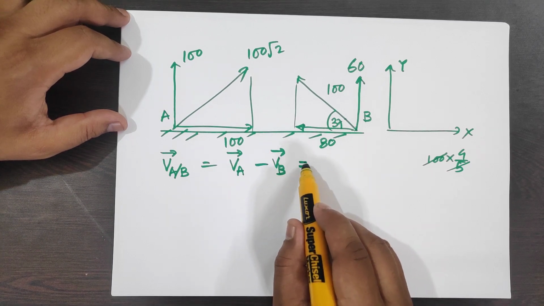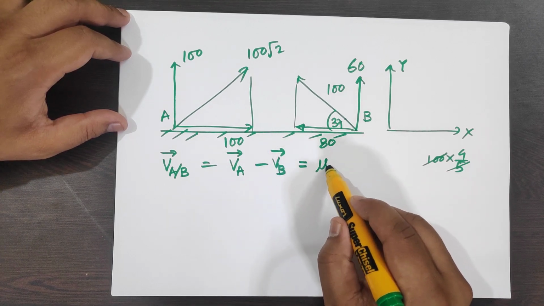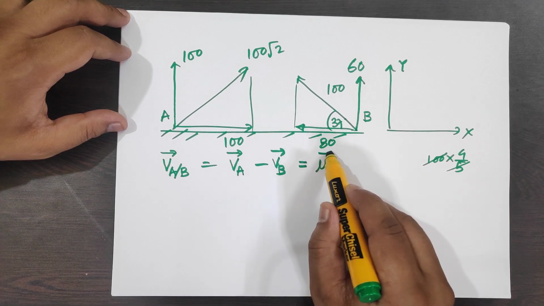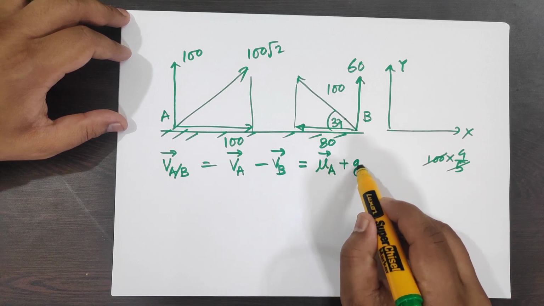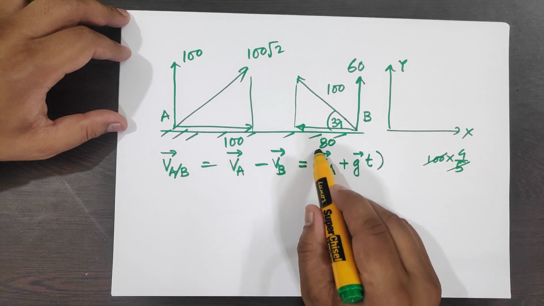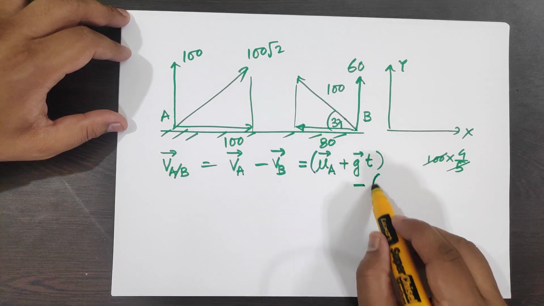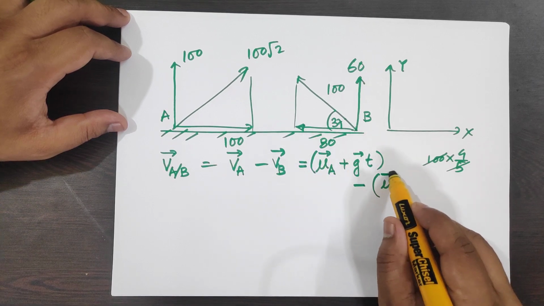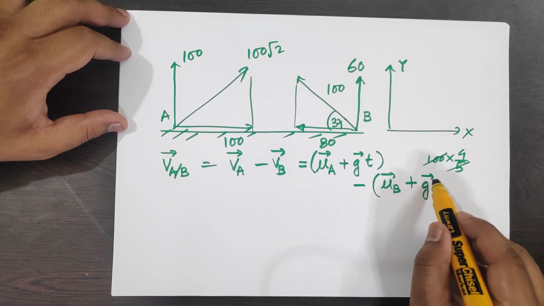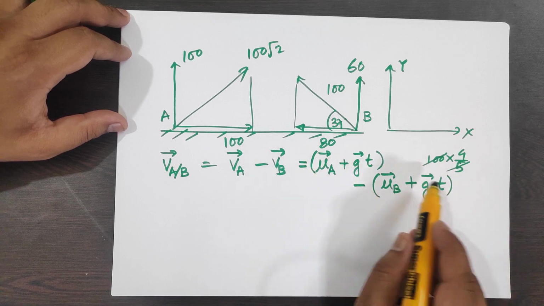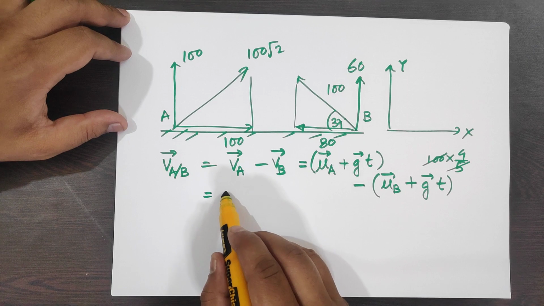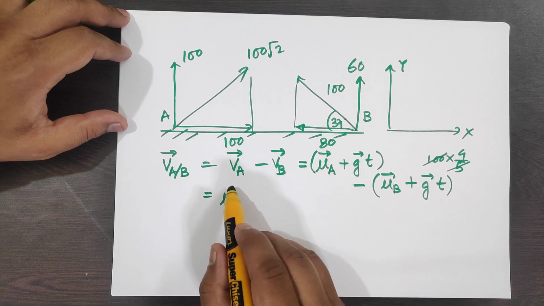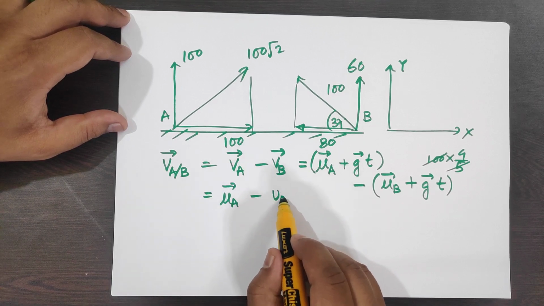Now VA is how much? UA plus GT, all vectors, minus UB plus GT, because both are having accelerations. Now this G will cancel out, so VA minus VB is always UA minus UB.